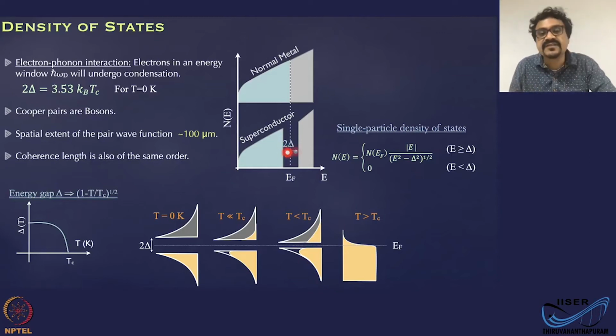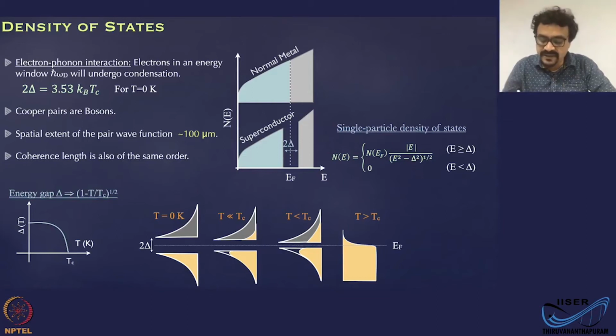All these electrons within this energy window will condense onto one single state, and all the Cooper pairs will be at EF, and there are no other states once the normal conductor turns into a superconductor.